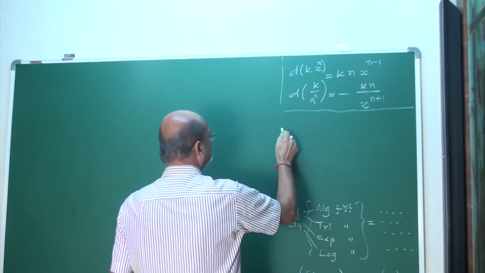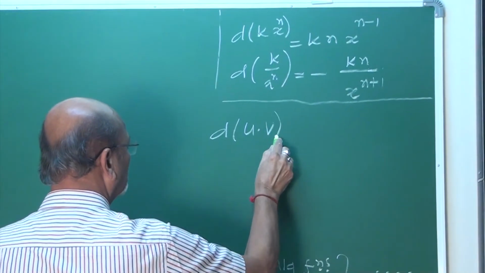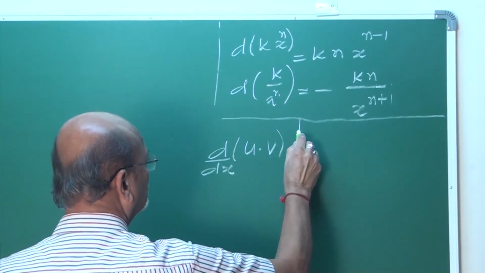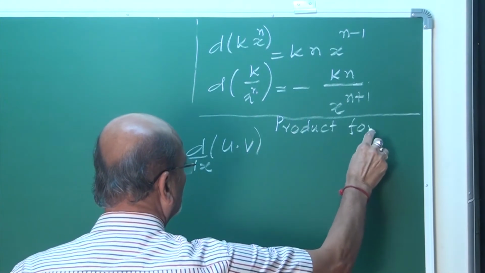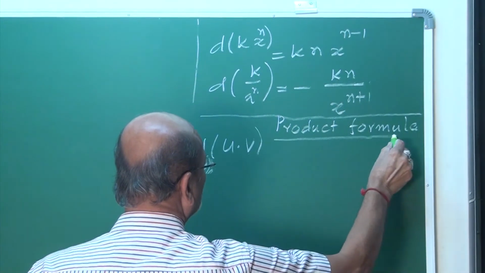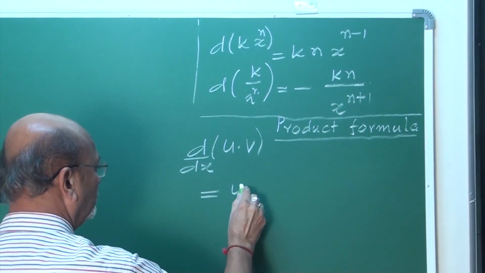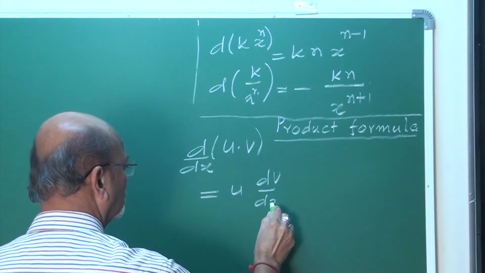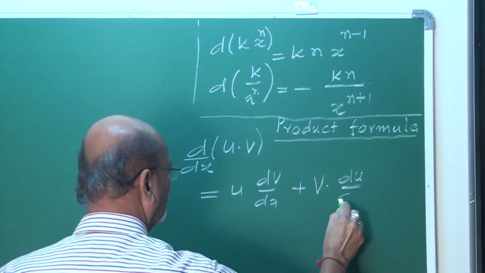Yes, it is the derivative of u into v. It is understood: u is one function, v is another function with respect to x. This is known as the product formula. Now I do examples based on this product formula. There are two functions. You have to keep the first function as it is into derivative of second function, plus second function as it is into derivative of first function.